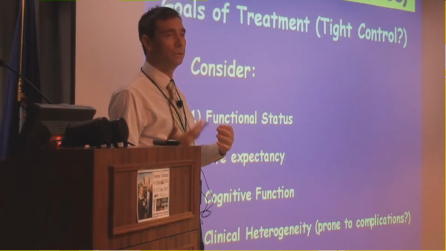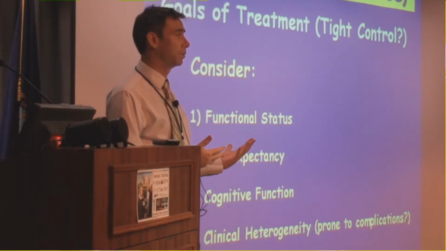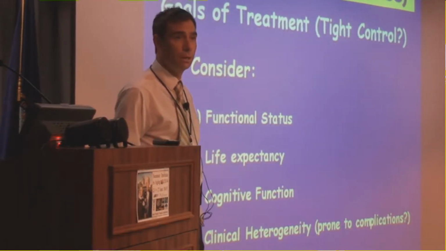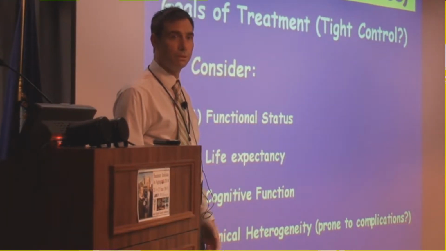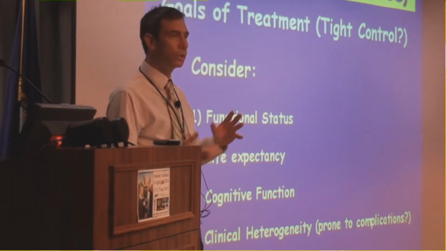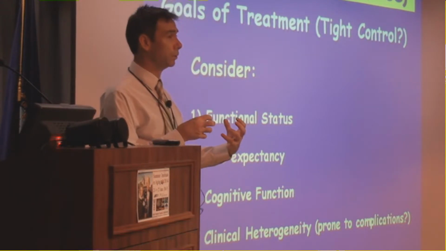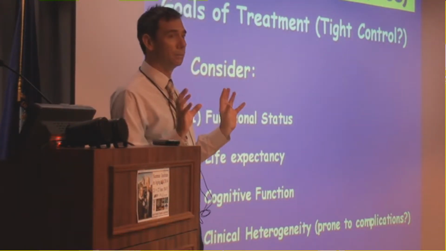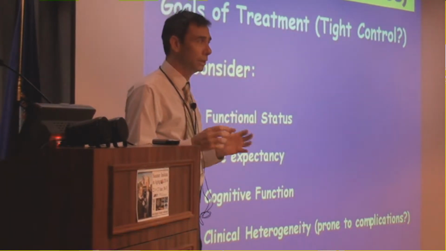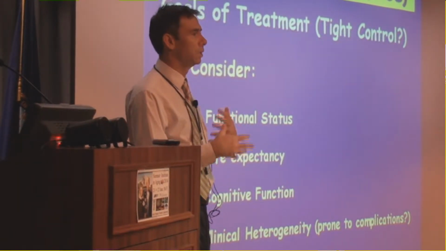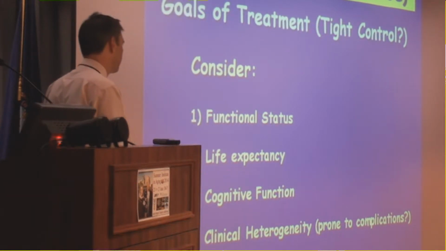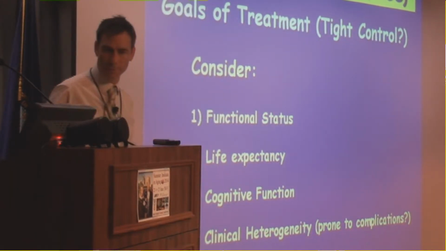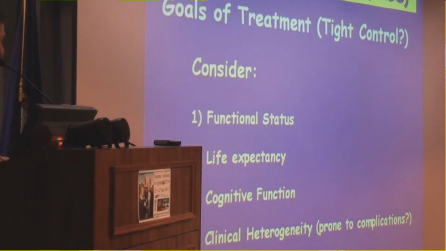But there are people who became diabetic 3 or 4 years ago and already began developing kidney problems and neuropathies. That's a person that's really prone. So you might want to be more aggressive with a person whose body is more sensitive to glucose than a person who somehow seems to be protected. So take that into consideration as well.